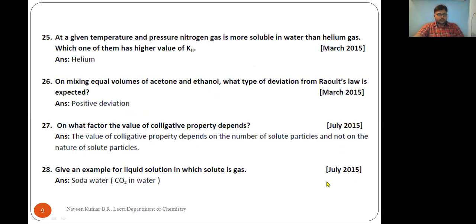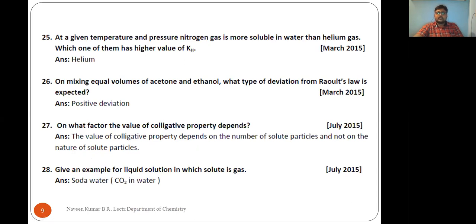Next, supplementary of 2015. On what factor does the value of colligative property depend? We know that it depends only on the number of moles of solute particles, but not on the nature of solute particle. A direct question. One more supplementary question from the 2015 year. Give an example for a liquid solution in which solute is gas.